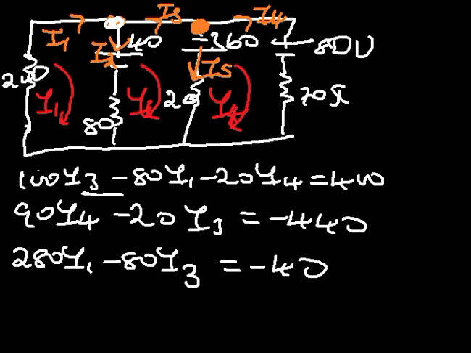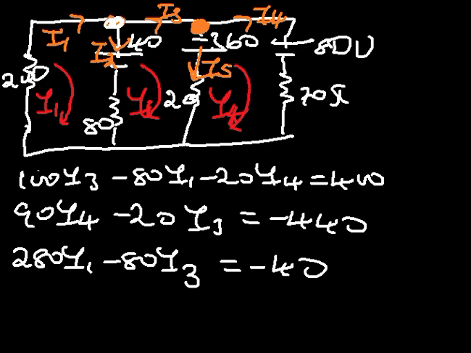We have I3, I1, I4. So let's produce two equations with two common unknowns, and solve using the way we solve simultaneous equations. Let's make I1 the subject in this equation.